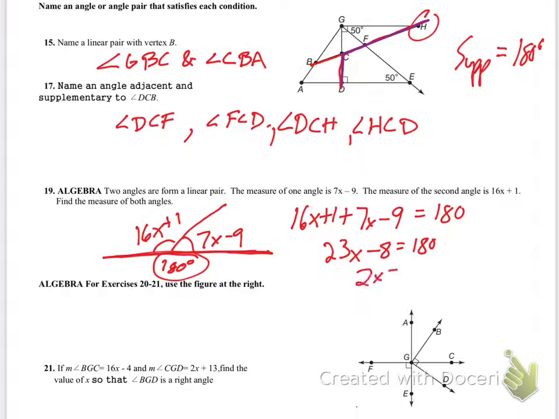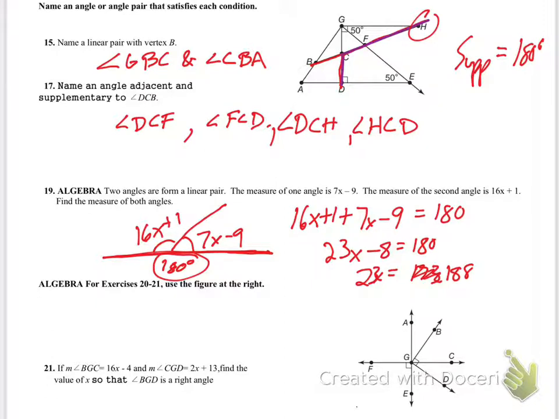23x, 170. Oh, sorry, 188. So do 188 by 23. I have to get a decimal here, so let's just double check our work. 7x minus 9, 16x plus 1.